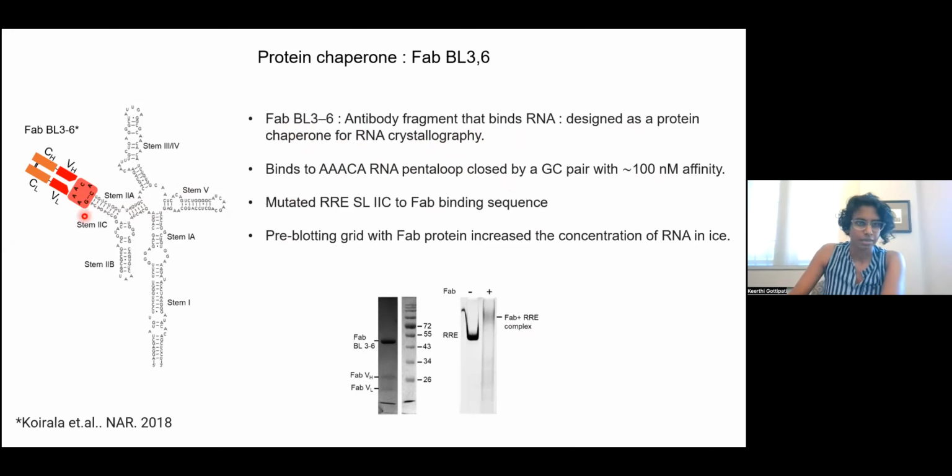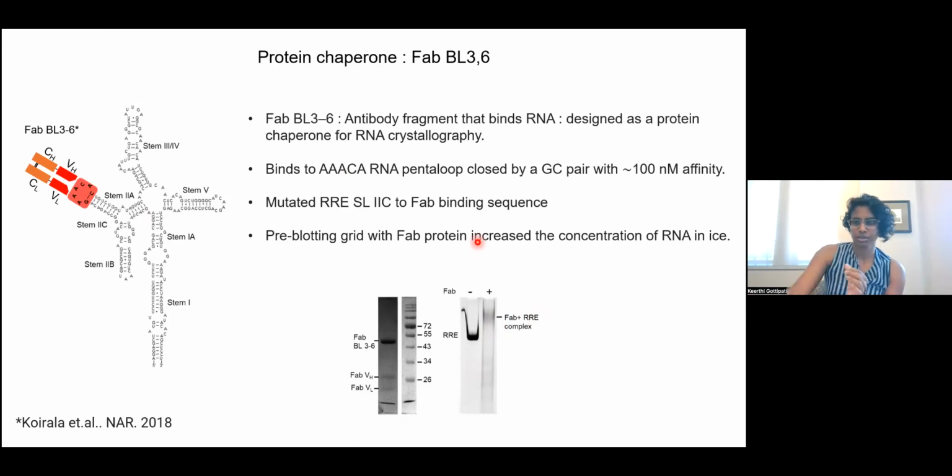So I mutated this loop region on the stem 2C to the Fab binding site. And then we tried to form a complex of RRE with Fab, which actually forms a really good complex, and tried to visualize these using Cryo-EM. We could not keep the complexes together.